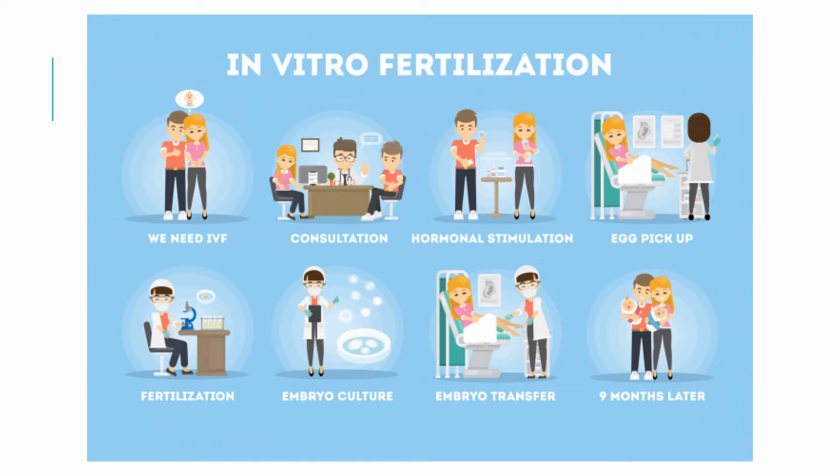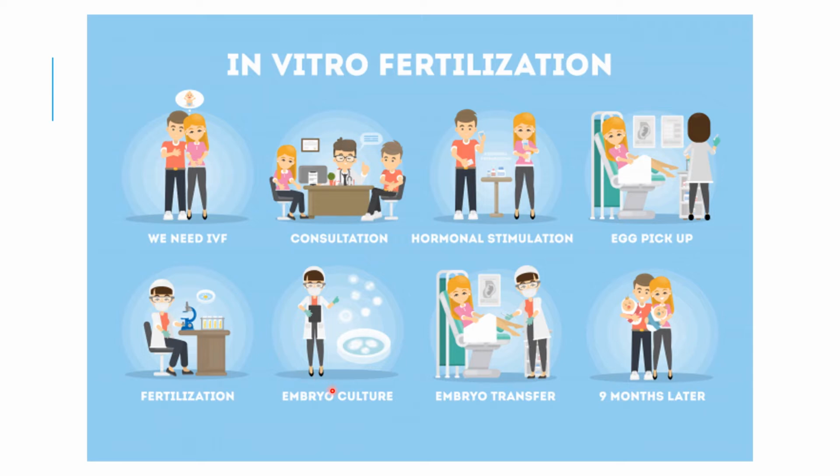Then the sperm is collected from the male, and the sperm and the egg are fused together in the laboratory condition, in a small petri plate under a microscope because the gametes are microscopic. Those fused gametes, when they become zygote, are allowed for 2 to 3 days to become around 4 to 8 cell stage.